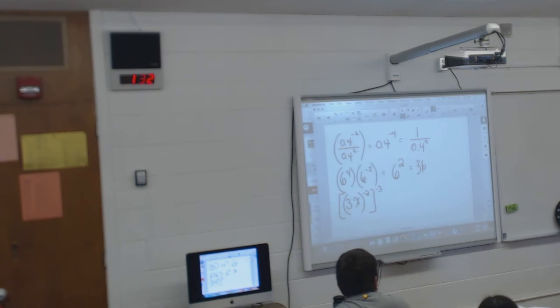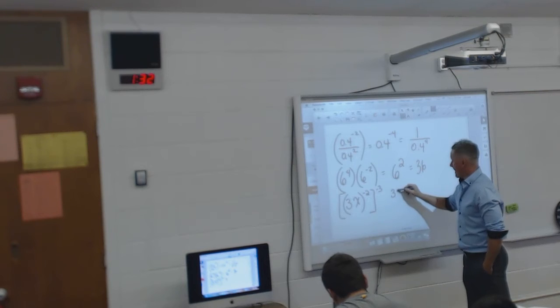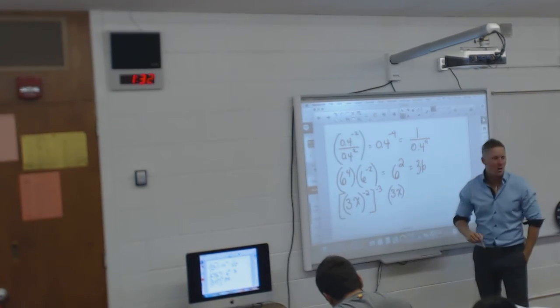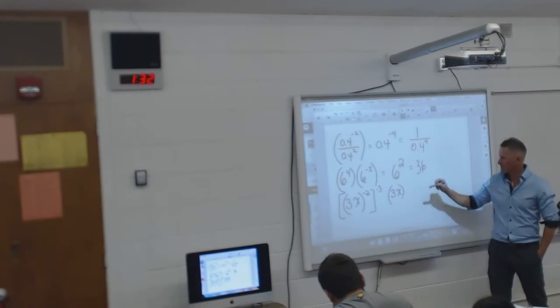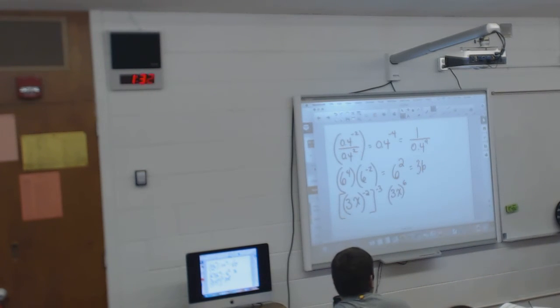Alright, what do you think I should do first? Multiply. -2 times -3. I like that. Let's get rid of one set of the brackets. So that's 3x to the power of what now? Positive 6. How come? Justin? A negative and a negative equals a positive. Okay, and what did you do with them?